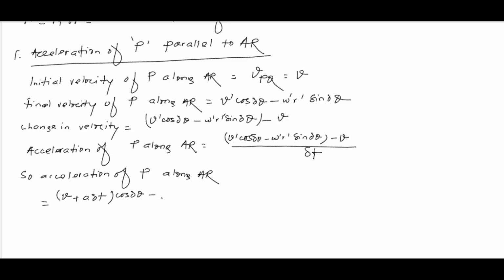Okay, minus this omega plus alpha del t into R plus del R sin del theta minus V divided by your del t.